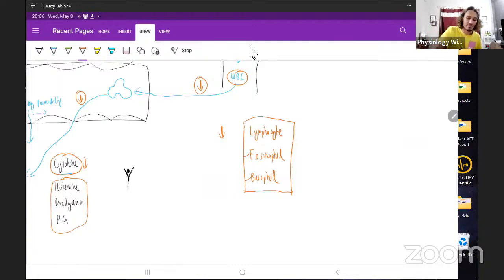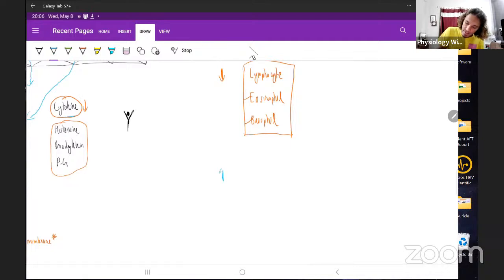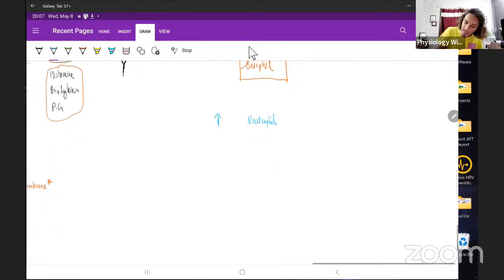On the other hand, there is usually an increase in your neutrophils. There is going to be an increase in your RBC. There is going to be an increase in your platelets.